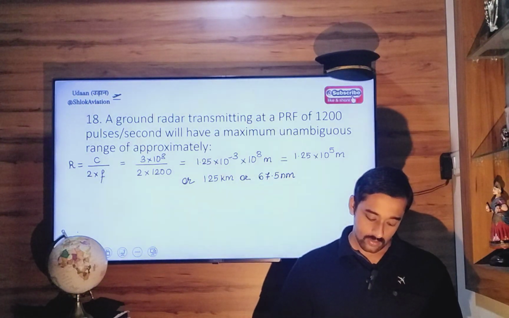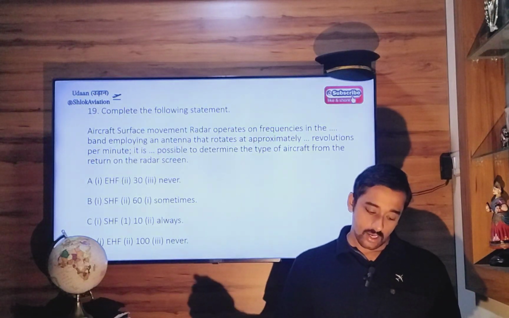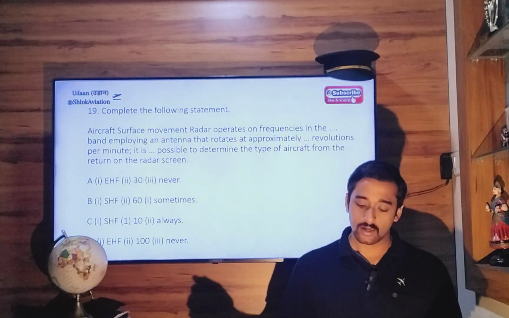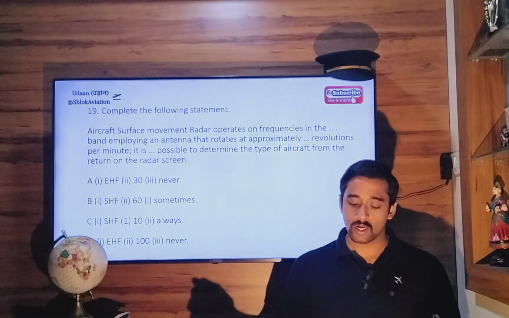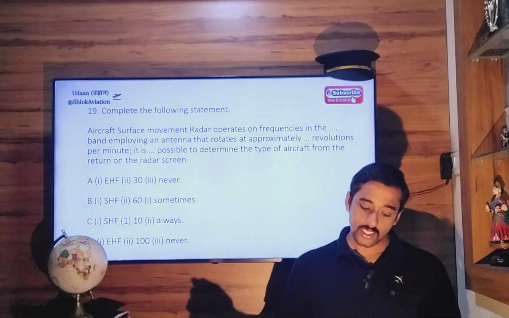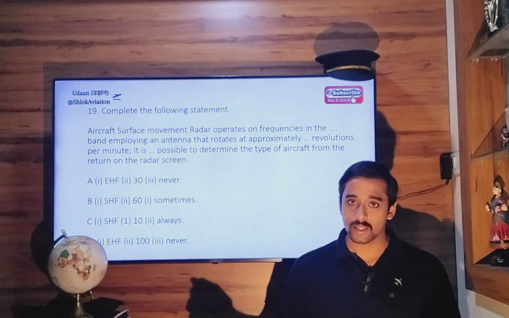Question 19. Aircraft surface movement radar operates on frequencies in dash band, using an antenna that rotates at dash revolutions per minute. It is dash possible to determine the type of aircraft from the return on the radar screen.